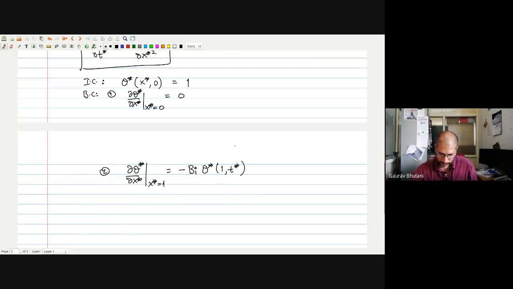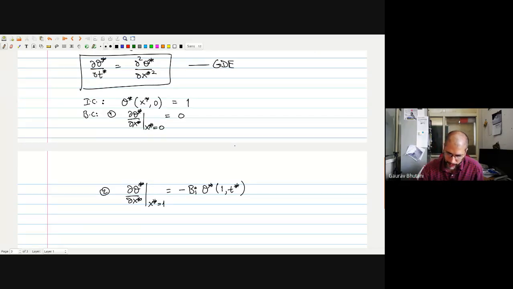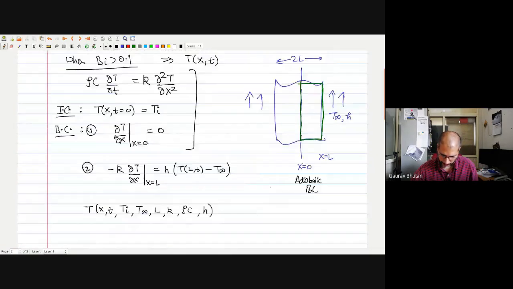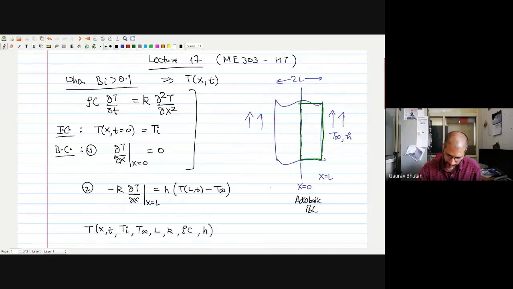So let's look at the system now. We have the governing differential equation, and then the initial condition and the boundary condition. Earlier we had this system with the differential equation and the boundary conditions, where we saw all the variables: the dependence on rho c, k, x, t, ti, t infinity, and h.